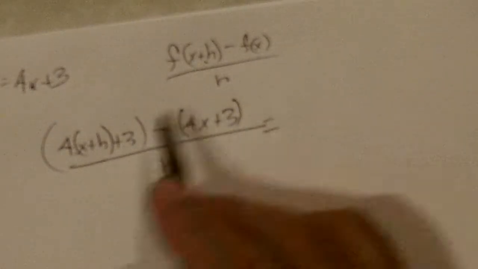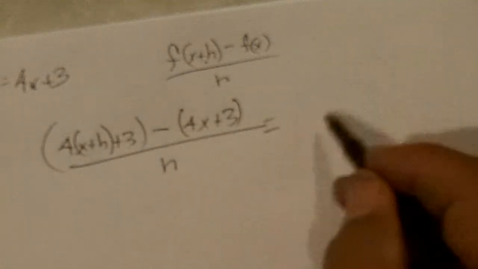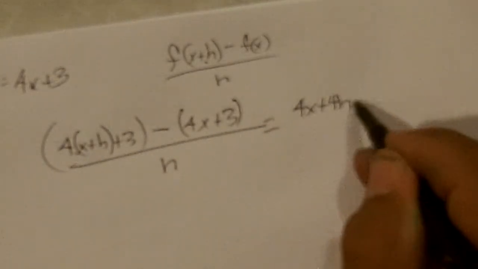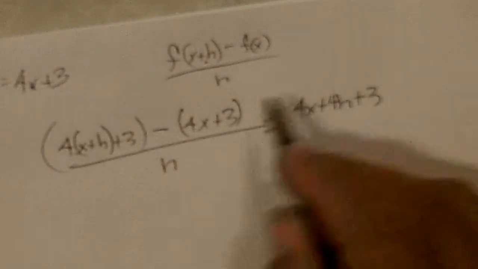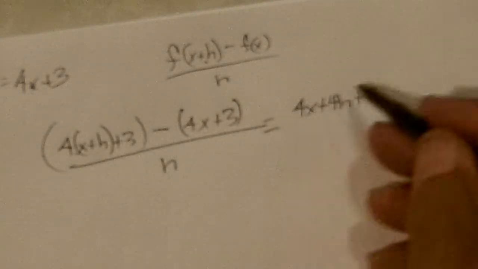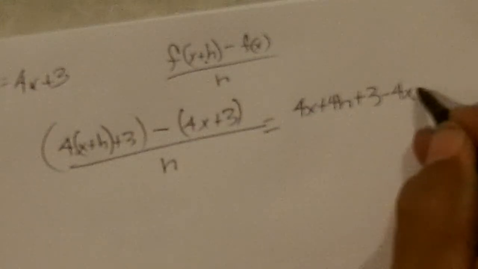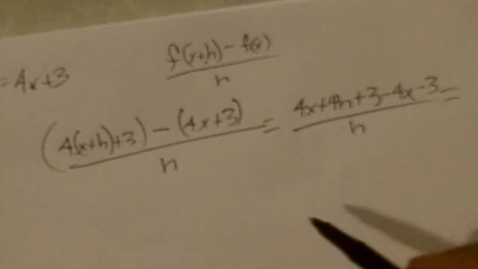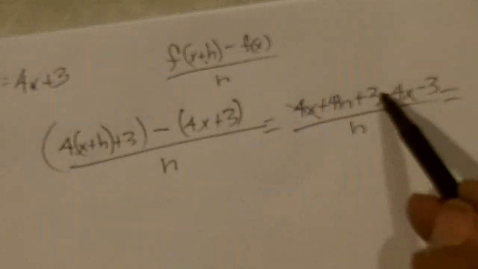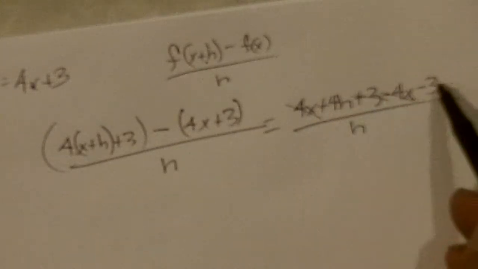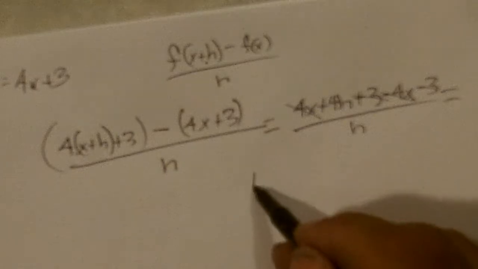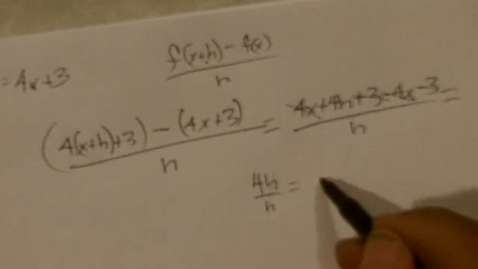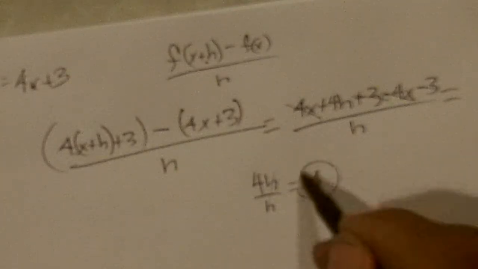So I get 4x plus 4h plus 3 minus this quantity, so it's minus 4x and minus 3 over h. The 4x's cancel, the 3's cancel, and I've got 4h divided by h. H's cancel, and I get 4.